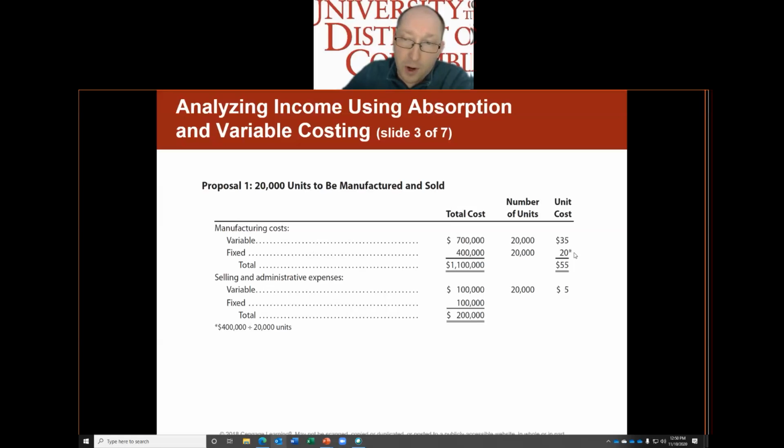We got $20 per unit fixed by taking our total fixed cost divided by the number of units produced. 35 plus 20 is 55, so $55 total cost per unit.